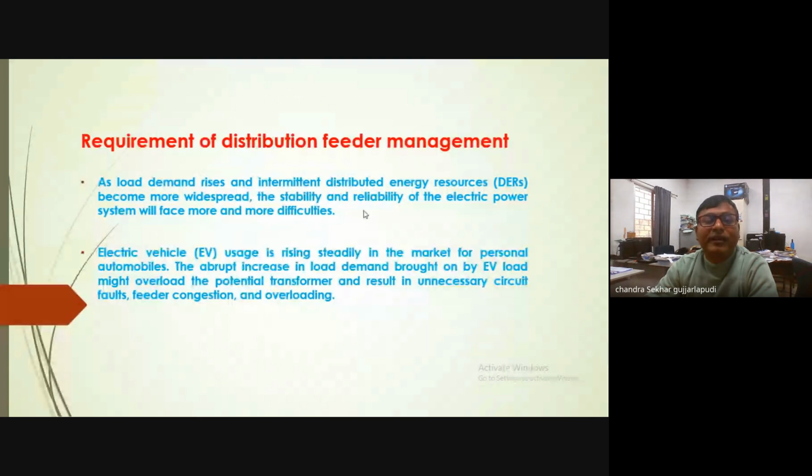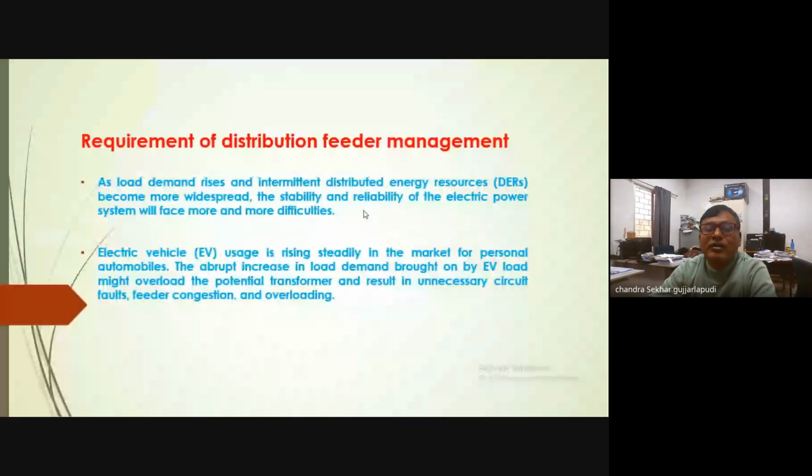Similarly, you know that nowadays we are very much interested in electric vehicles, and for charging them we are introducing many charging stations on the distribution side. Whenever you add more charging stations to the system, what happens?